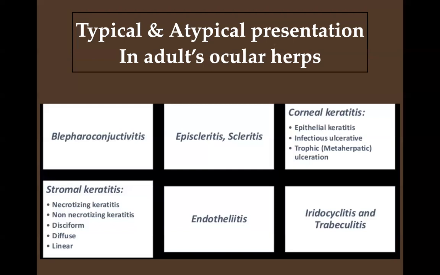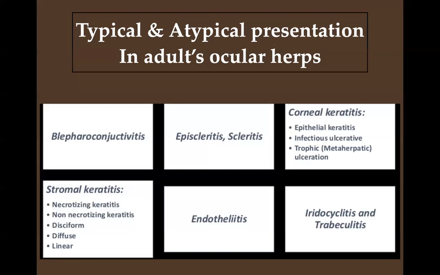Maybe with episcleritis or scleritis in severe disease, especially including the uveal tract. Corneal keratitis in the form of epithelial keratitis, infectious ulcerative keratitis, trophic, or metaherpetic ulceration. This is the severe form of herpetic keratitis with loss of corneal sensation.